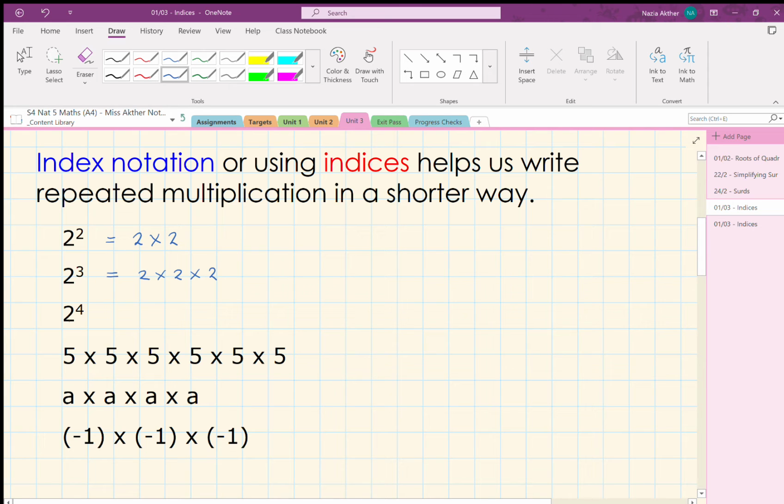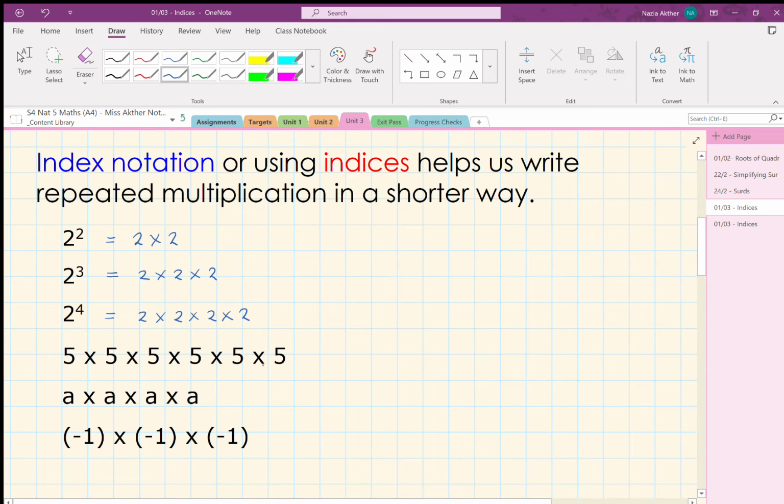Similar with 2 to the power of 4, this is the same as doing 2 times 2 times 2 times 2. So a quicker way of writing 2 times 2 times 2 times 2 is 2 to the power of 4. Then in our next example, we've got 5 times 5 times 5 times 5 times 5 times 5.